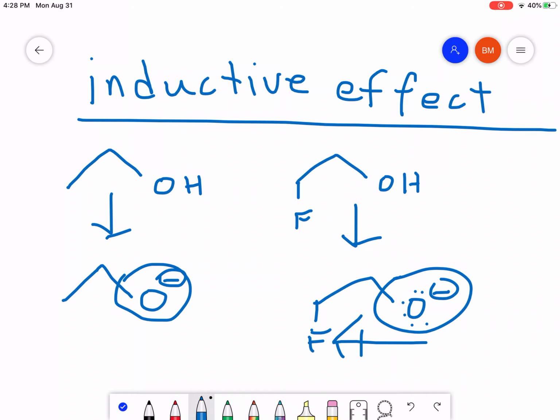The difference with the structure on the left is there's absolutely nothing over on this side of the molecule that can pull inductively that negative charge its way. That negative charge is entirely focused right on this oxygen.